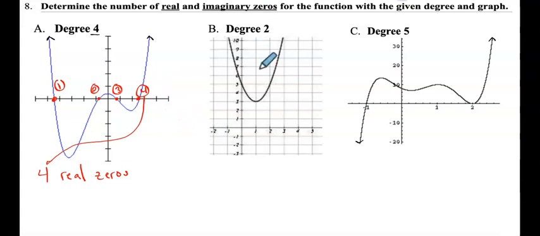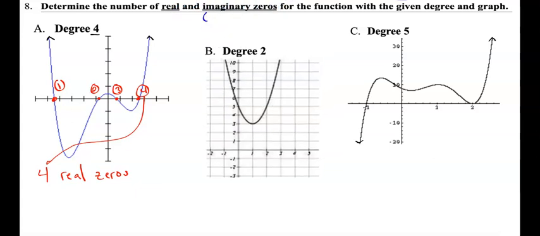Your next one, part B, it's degree 2, so you have to have 2 zeros, and just remember, your imaginary zeros always come in pairs, right? So I'm going to bring this down a little bit here. So your imaginary zeros are always in pairs. So you have 2, 4, 6, 8, right? You'll always have something in that sense here.